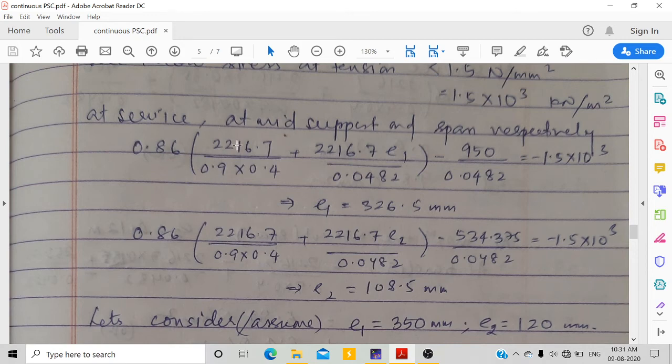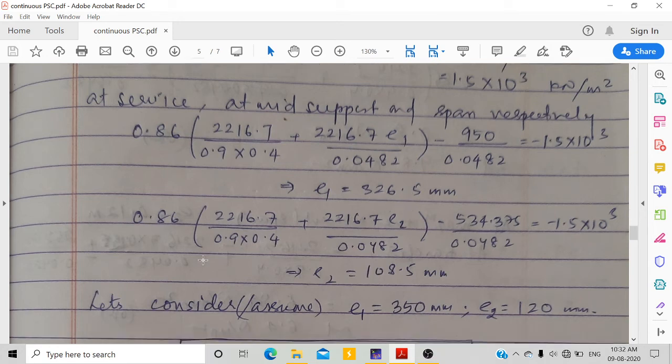So 0.86 P, pre-stress by area, plus 2216.7 P into E1 by Z, minus moment due to dead load plus live load, which is 450 plus 500, 950 by Z, is minus 1.5 into 10 to the 3. So I'm getting eccentricity around 326.5.